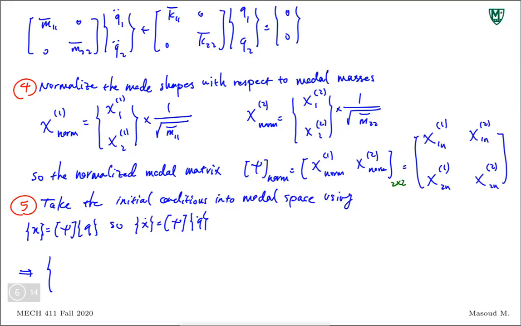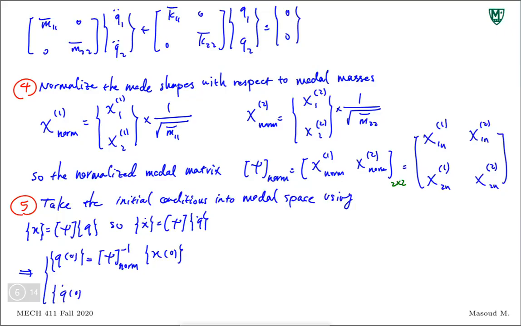So you can say, well, q at the beginning as a vector is the inverse of the norm matrix times x. I'm finding q as psi norm inverse times x. And this transforms all the initial conditions.